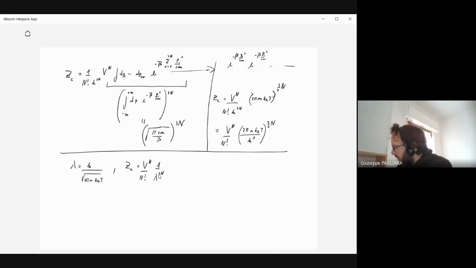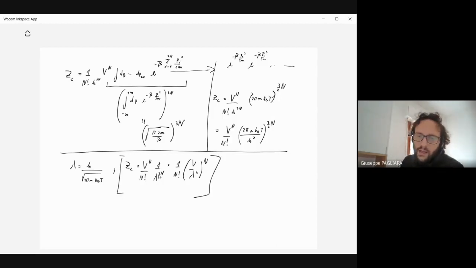Which is also equal to 1 divided by N factorial, (V divided by lambda cubed) to the power of N. And this is the canonical partition function for a gas of free particles in 3 dimensions.